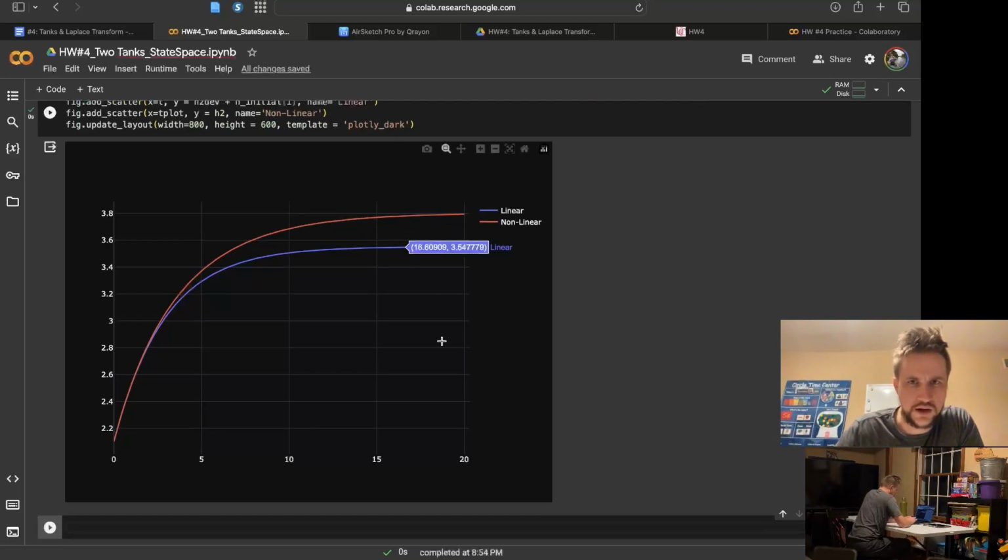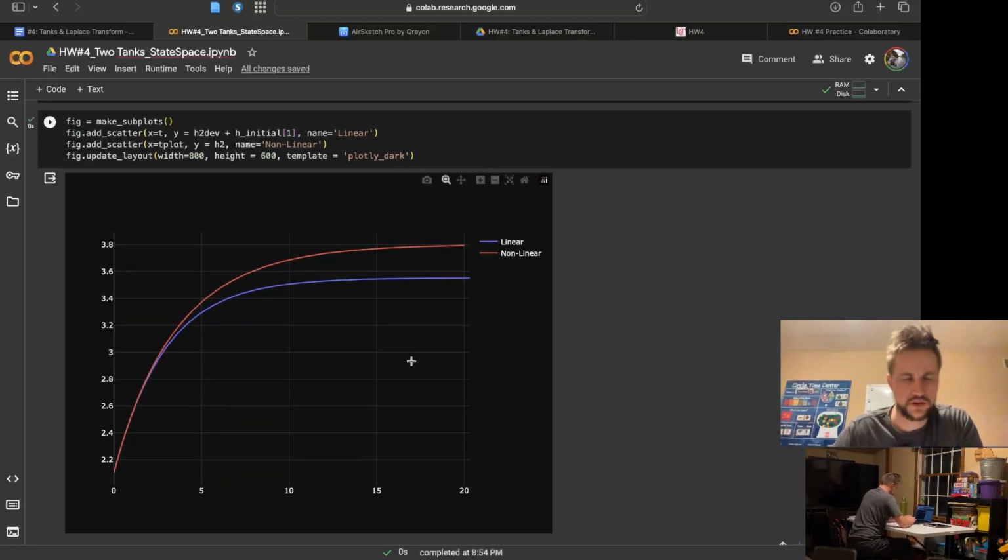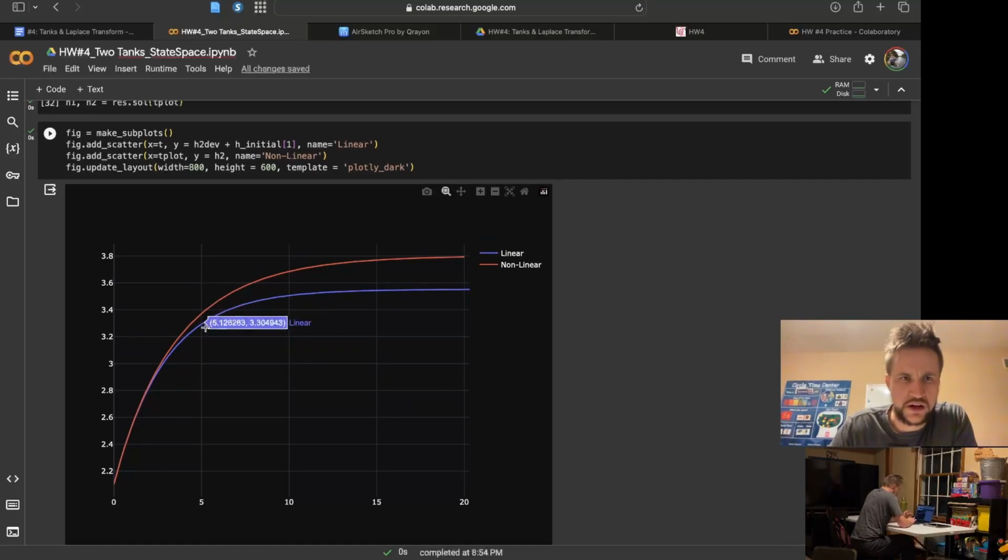Okay, so look at this here. So here is our nonlinear, and it's getting us up to 3.79 as the steady state fluid height, whereas our linearized version is 3.55.